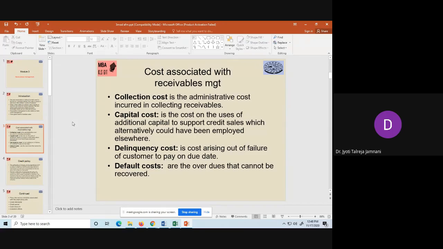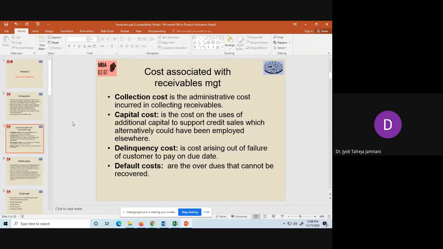So what I will do is go and borrow from a bank and invest more, and I'll wait for ABC to pay. After that, I will repay my loan. When I borrow, I take the capital cost into picture, because I have to pay interest, so I am incurring cost on that.